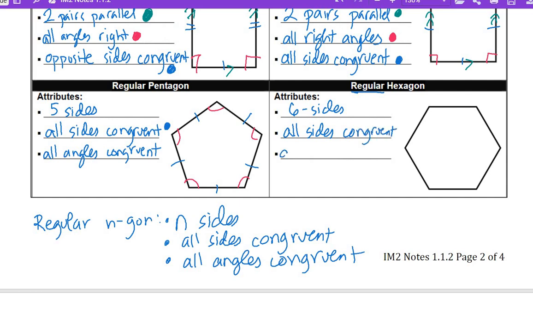And it's regular, so all angles are congruent. Let's mark that. That's for the sides, and then I'll use pink for the angles, and I forgot to put a key on the last problem, so I'll update that as well. Okie dokie, moving on.